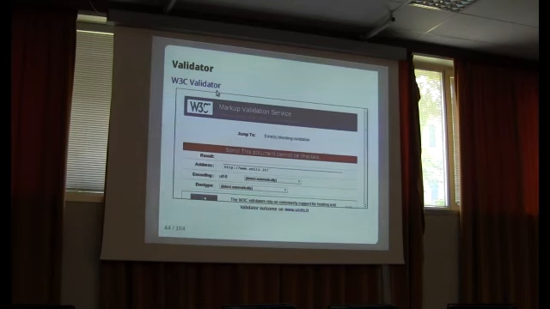You provide to the validator the address, the locator of the web document that you want to validate. You give it some other information, for example, which version you expect the validator to match the document against, and the validator provides you with the outcome of the validation of the document.